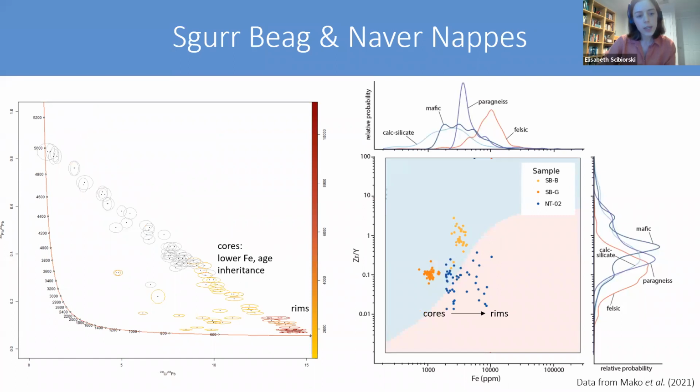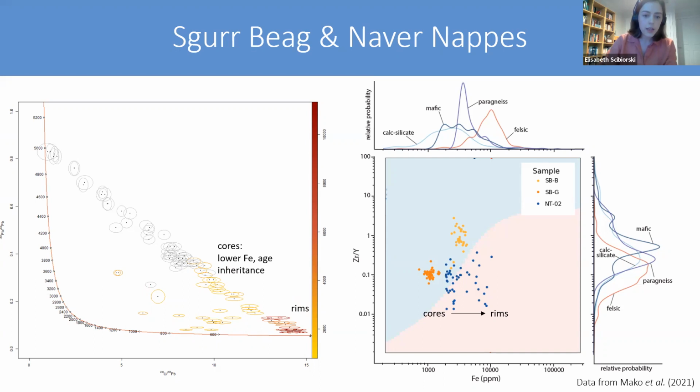Interestingly, actually, if we look just again at this sample from the Nappe Nappe, we see there's a striking difference in iron content between the older, slightly older titanite cores, which have a lower iron content and some age inheritance, and the titanite rims, which are slightly younger in age, have a higher iron content and don't have any of that evidence of age inheritance.